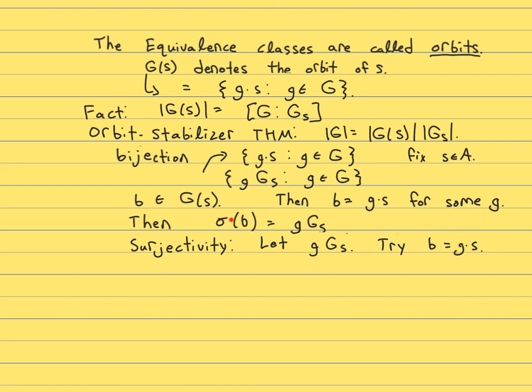Notice we defined this function in advance, which means for every single B, we made a choice, g, and we defined our function in terms of that choice.